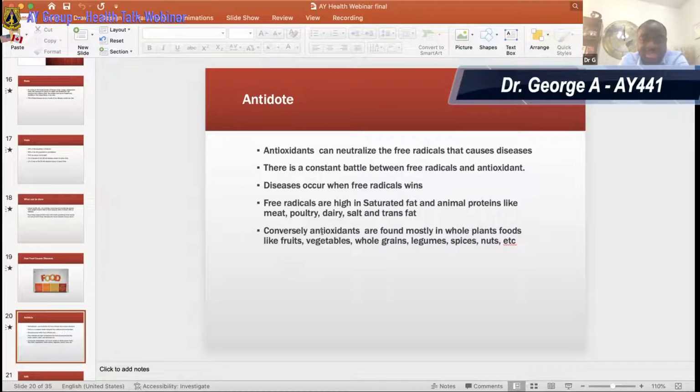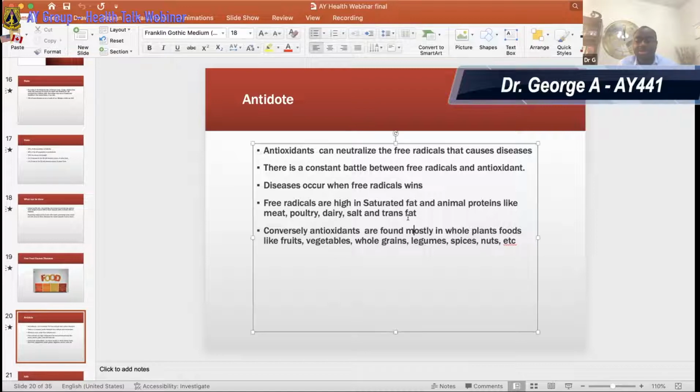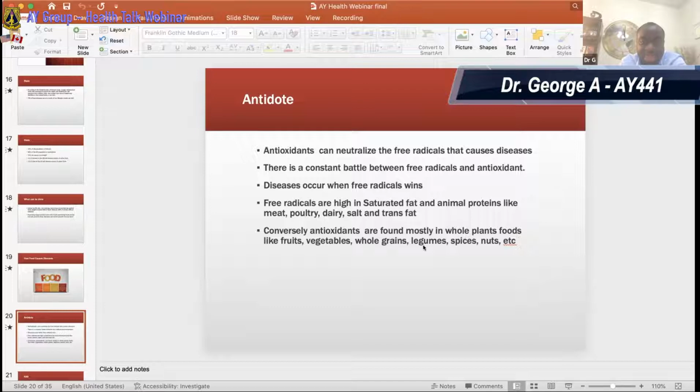Conversely, if you eat food that is mostly high in antioxidants, like whole plant foods, which are fruit, green leafy vegetables, whole grains, spices, legumes, and so on, you will not be part of these statistics. And it's guaranteed if you eat whole plant food, mostly green leafy vegetables that are organic as well.